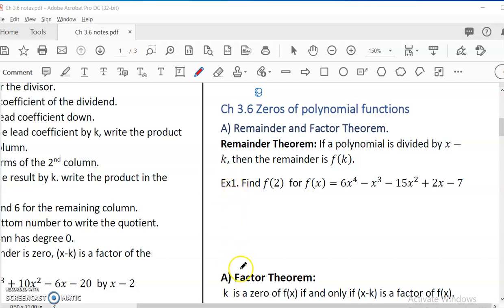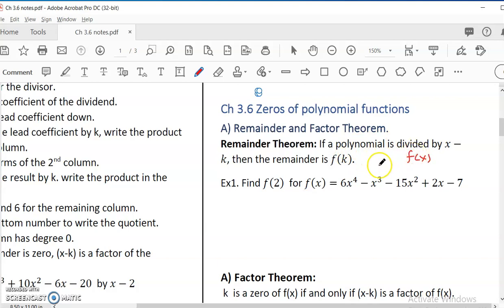So we have two theorems that help us to understand it. The first has nothing to do with zeros, but it's kind of the theorem behind the idea of using divisions to find a factor. If I have a polynomial f of x and I want to find f of k, where k is a number, that would be plug in.